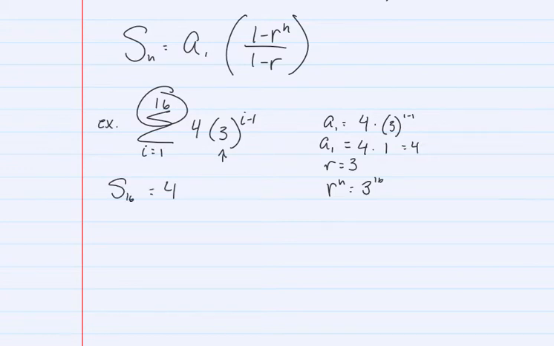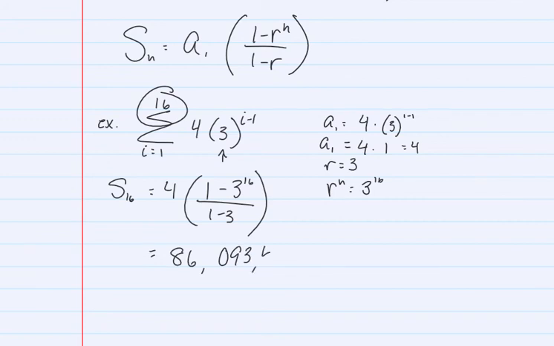Sum of 16 terms equals 4 times 1 minus 3 to the 16th power over 1 minus 3. Now make sure when you are performing these operations that you are typing them all correctly, and you will get 86,093,440. Make sure to use parentheses, and if you're struggling with that, compute one piece at a time.